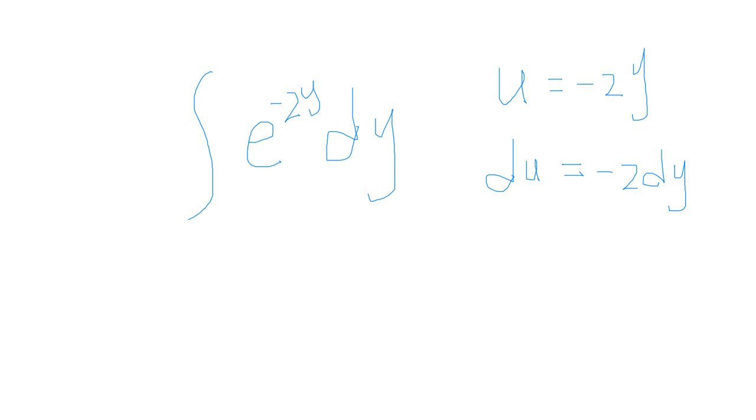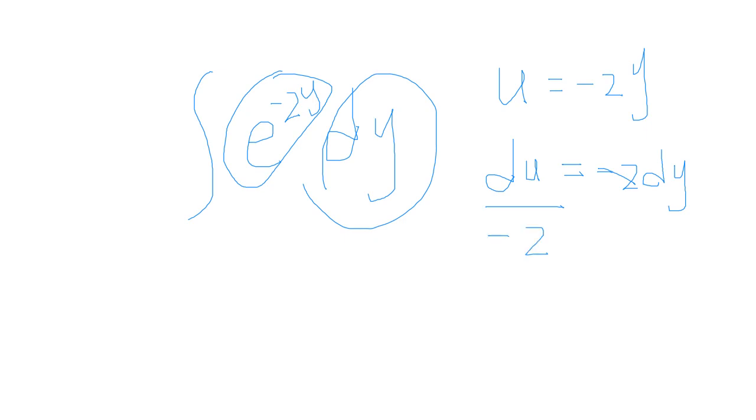So in this case, you don't have the negative 2 in this. We want to substitute this one into u, but we only have dy here. What are we missing? We're only missing negative 2. So we divide by negative 2 on both sides.